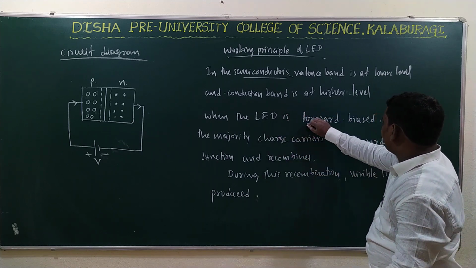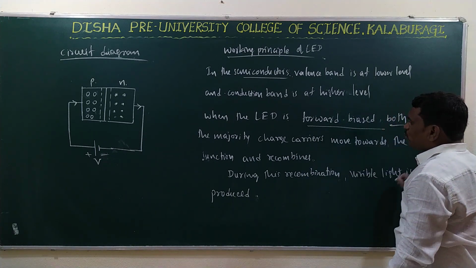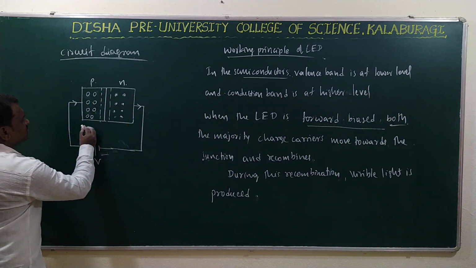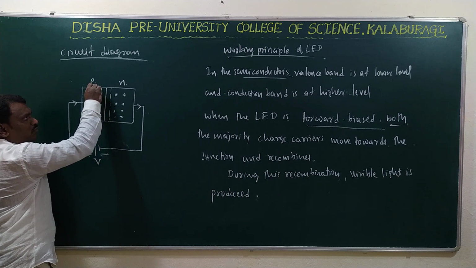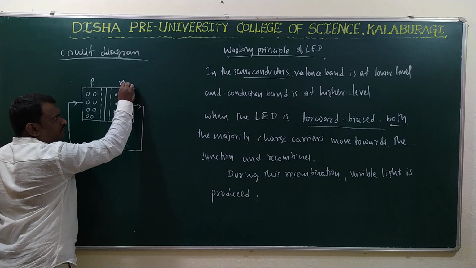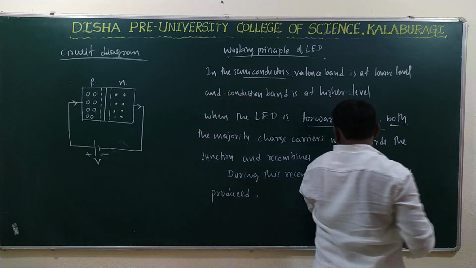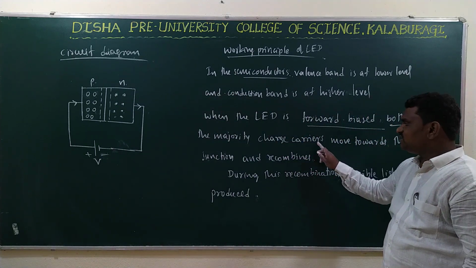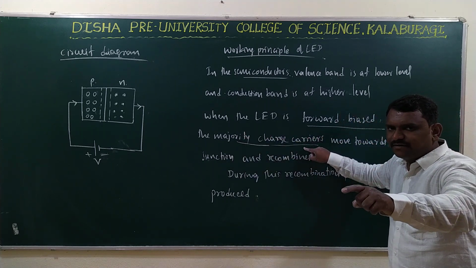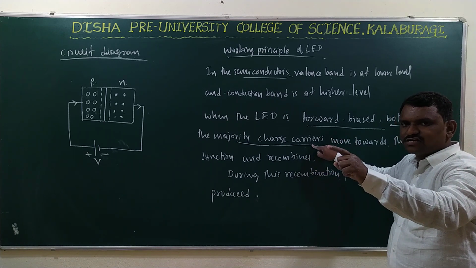When the LED is forward biased, both the majority charge carriers, the holes of the P type semiconductor and the electrons of the N type semiconductor, move towards the junction.